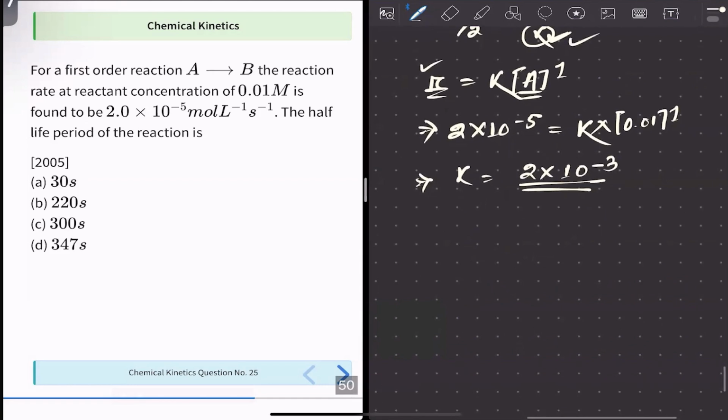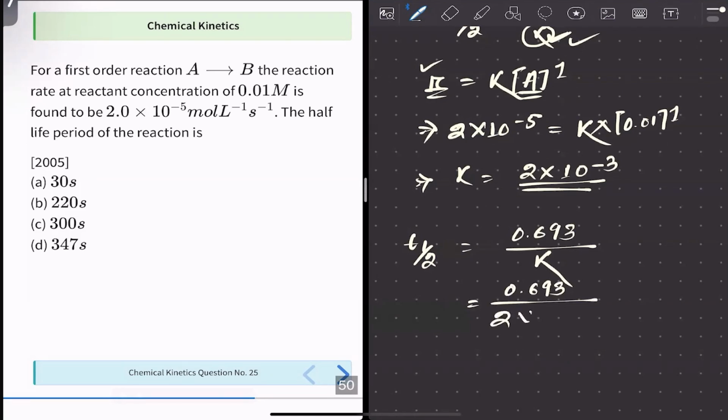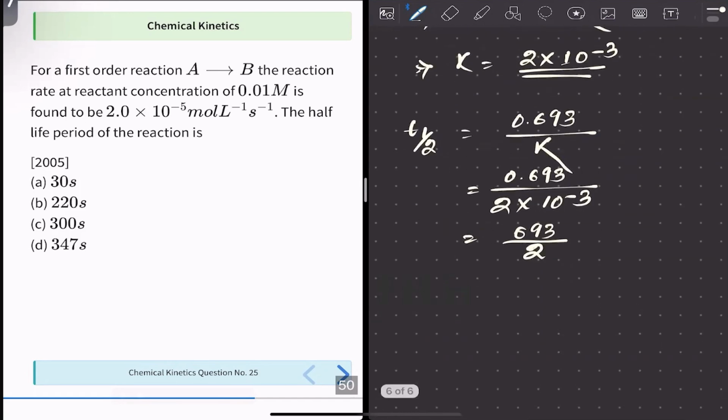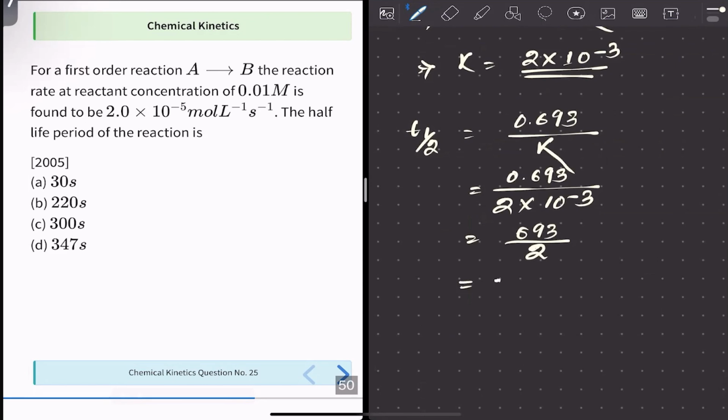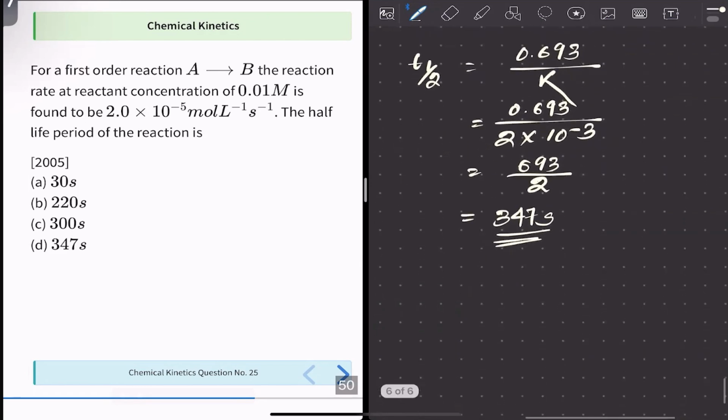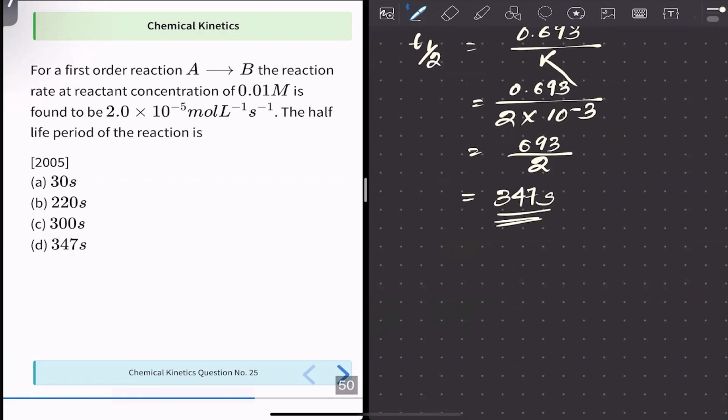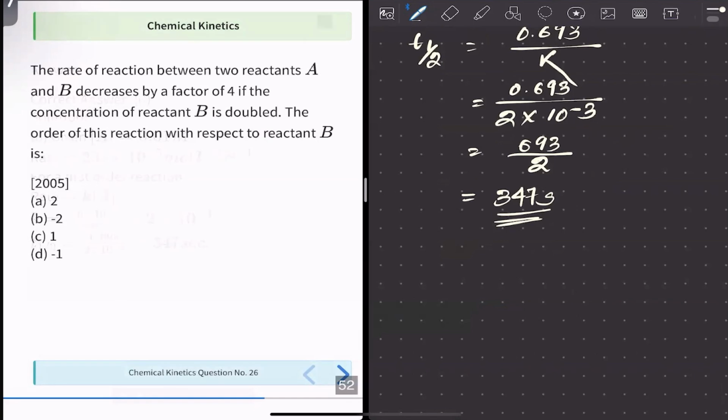Put it in this equation. T half is 0.693 divided by K, 0.693 divided by 2 into 10 to the power minus 3. That means 693 divided by 2. That will be around 347 seconds. So the half-life period we calculated is 347 seconds. Option D. Let's move on to question number 26.